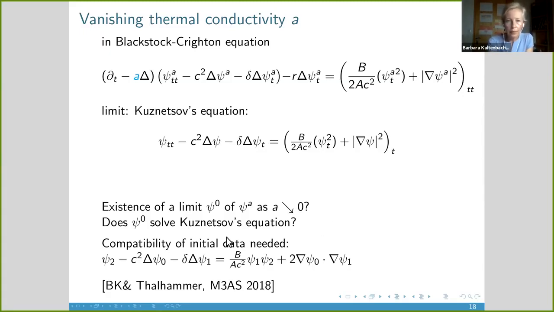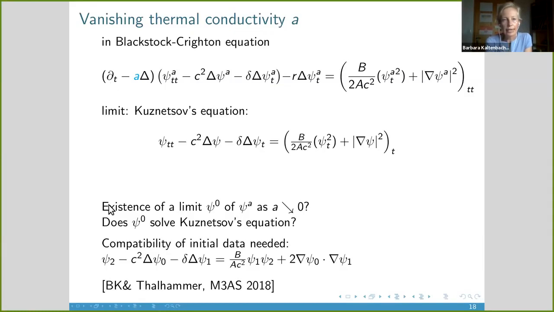One thing that I would like to point out in this context is that since we move from a third order in time equation to a second order in time equation by this limiting process, in order to preserve regularity, we need compatibility of the initial data. That's clear. Since this is a third order in time equation, of course, we need not only 2, but 3 initial conditions.